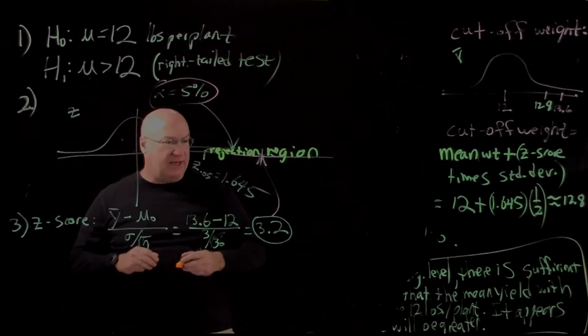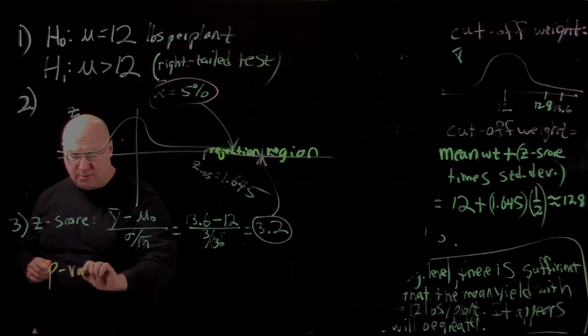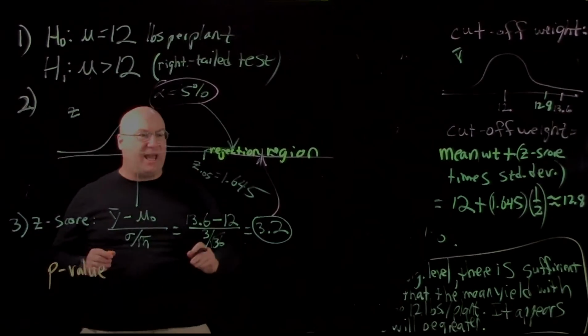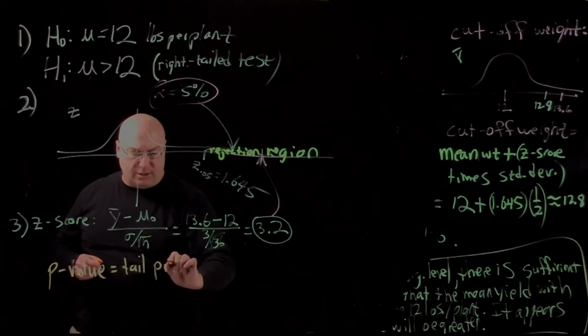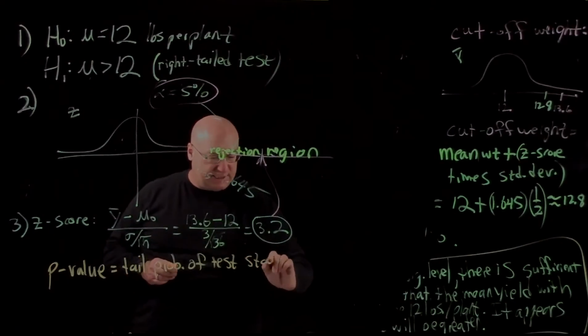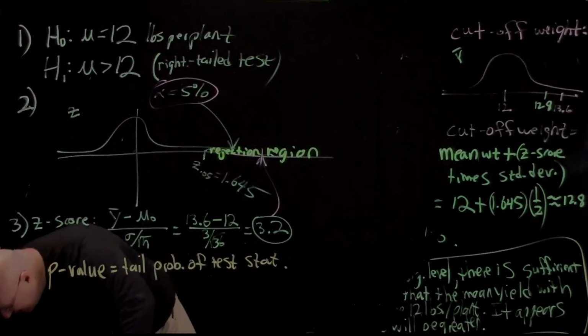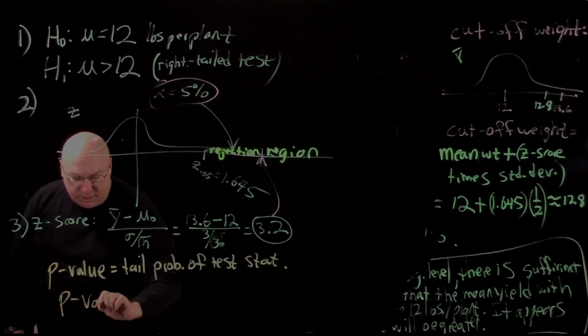What is the p-value? The p-value, if you remember, is the tail probability of the test statistic. So I go in my table and I look up, you should be able to do this.